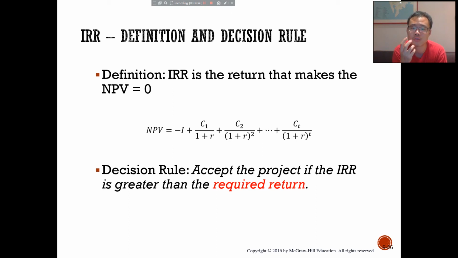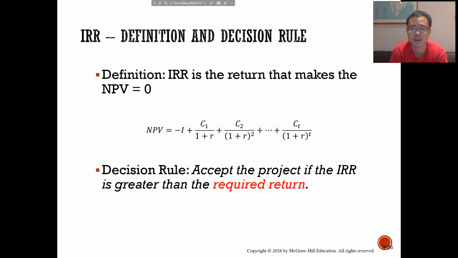So this decision rule is almost, not entirely because I'm going to explain that later, almost the same as the NPV rule. Because the NPV rule is saying if the NPV is positive when you calculate the present value of the initial investment and the future cash flows using your market required return, then we accept this project.